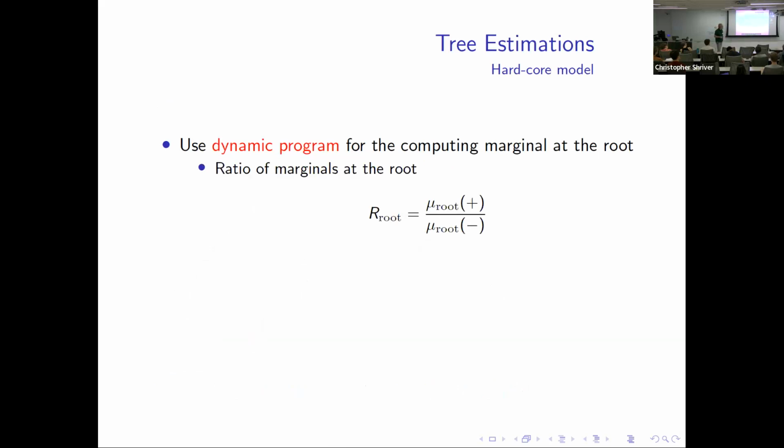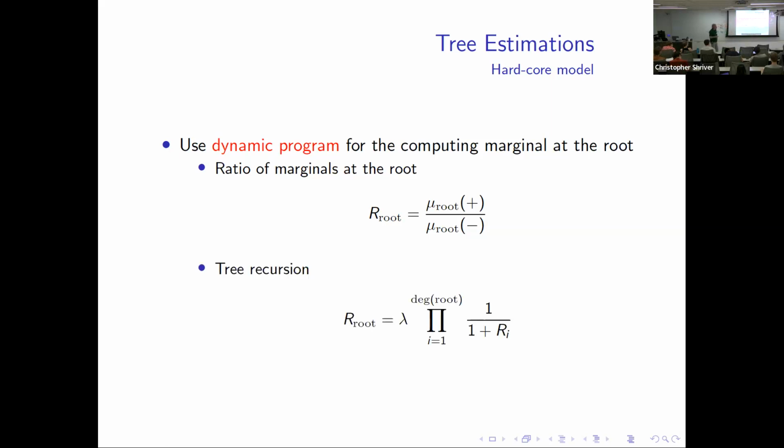Actually, we typically don't try to estimate the probability of the root being unoccupied. We usually look at the ratio of marginals at the root, the marginal at the root being occupied over the marginal at the root being unoccupied. We focus on this ratio.